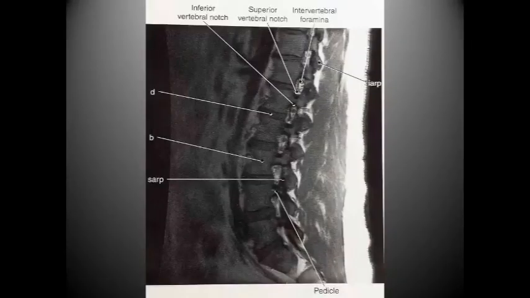We have the vertebral or intervertebral foramen demonstrated, created by the superior and inferior vertebral notches.